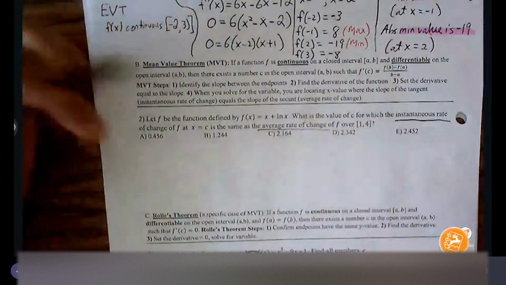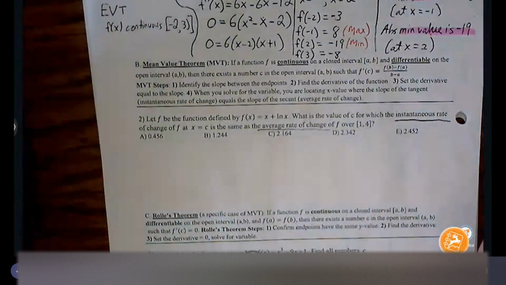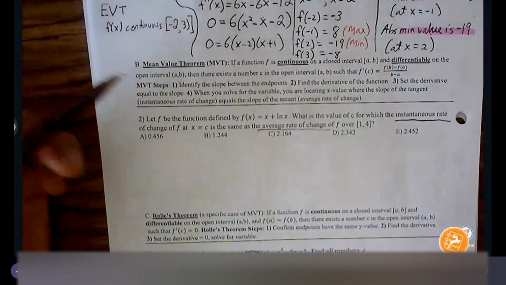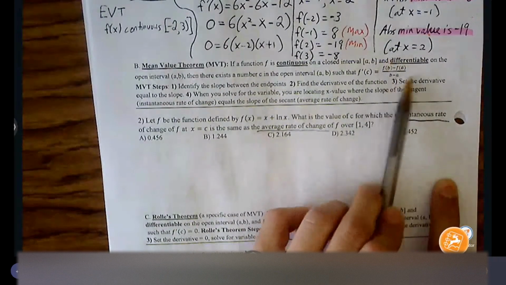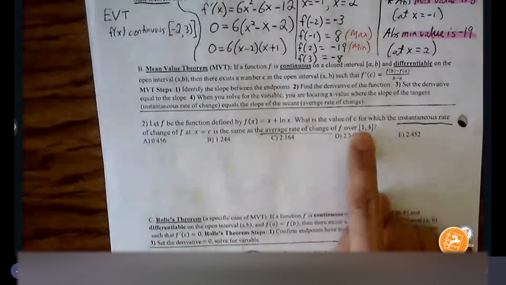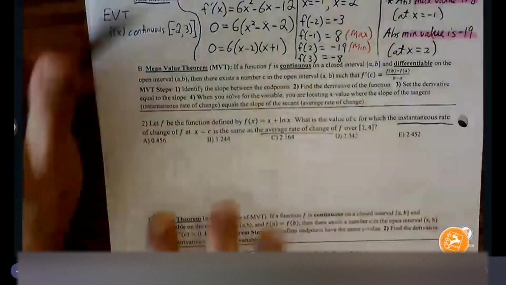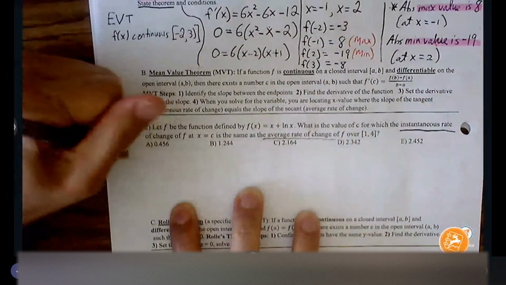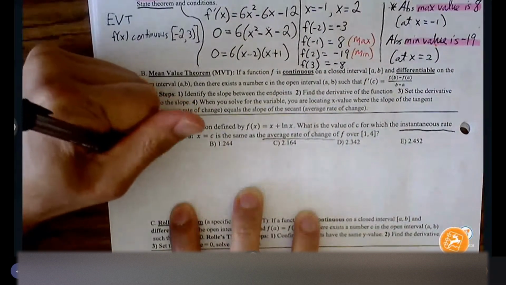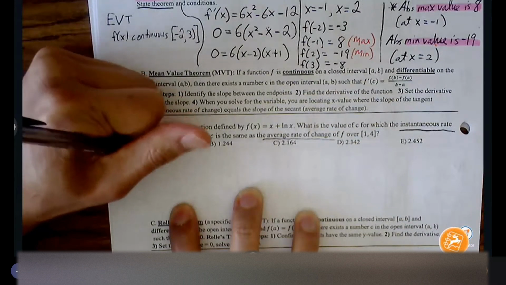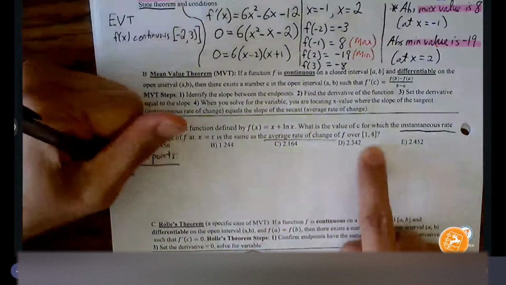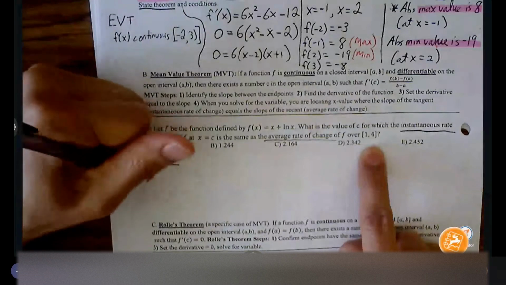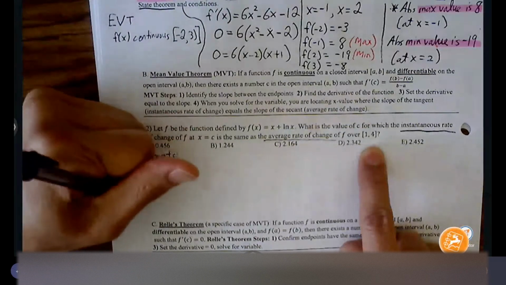So first things first, we need to identify order pairs so that we can find the slope, because we're going to target this side of the formula first. Okay, they only give us the x values, so we're going to spend time to find the y values. So I'll find f of 1, I'll find f of 4.